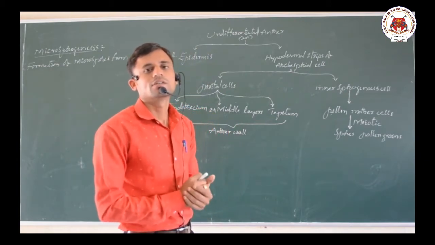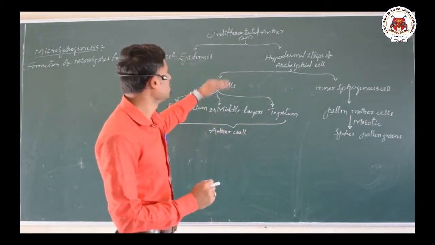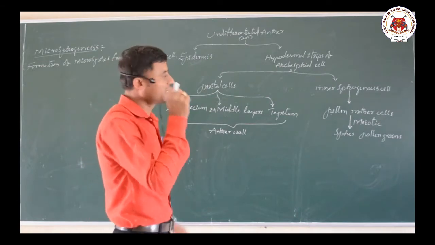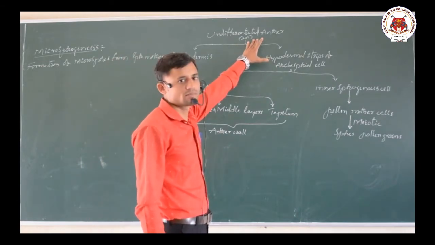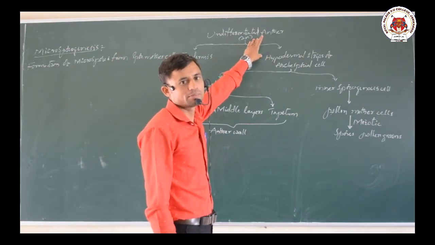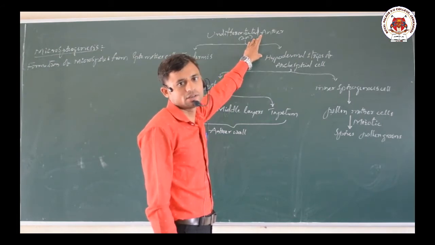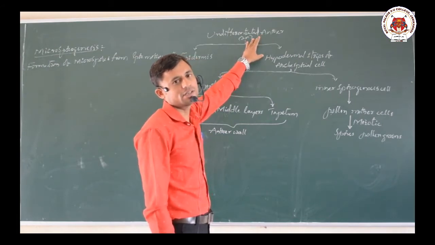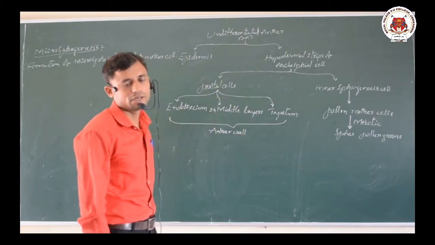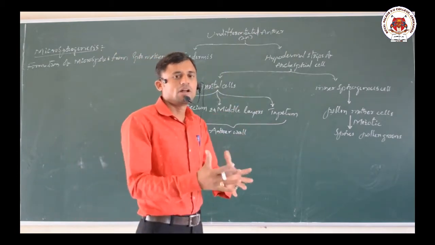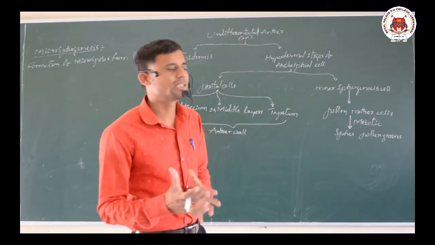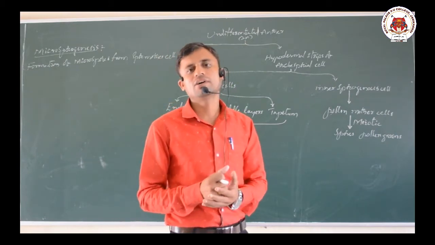That site we call the anther. That anther is in a diploid condition because it is developed from the sporophytic plant body, by involvement of the flower and the sepals and petals. All these are modified leaves.